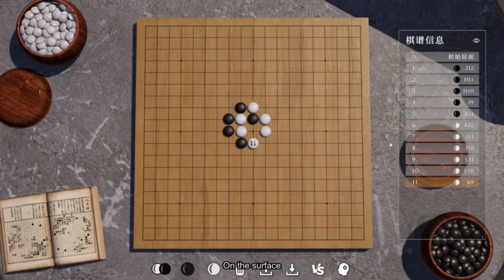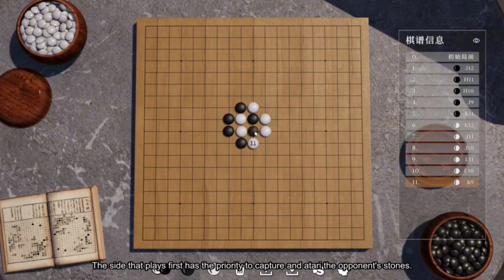On the surface, black places a stone here, not only blocking the liberties of white's 2 stones, but at the same time also blocking the liberty of one of its own stones. It seems that neither side's stones have any liberties left, and need to be captured simultaneously. But please note, according to the WeiQi rules, the side that places a stone first may capture the opponent's stones that have no liberties.